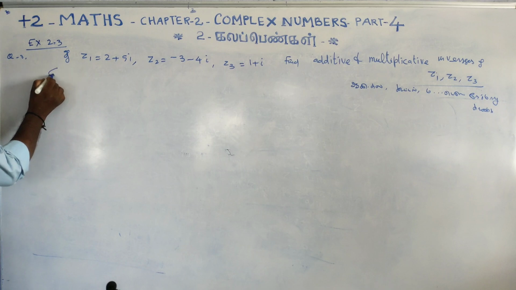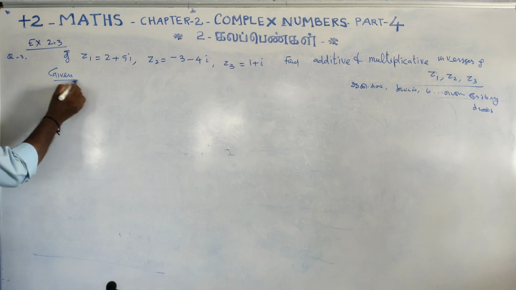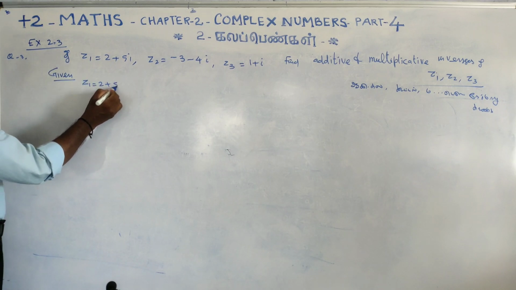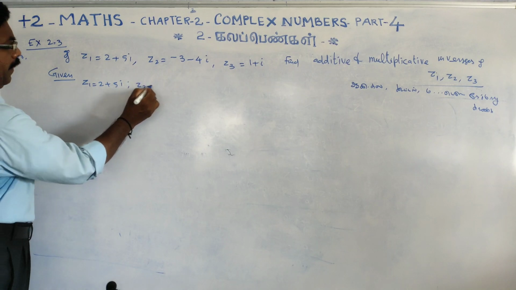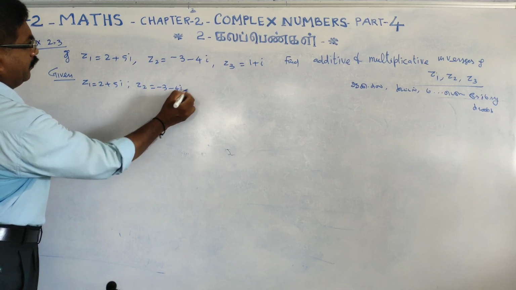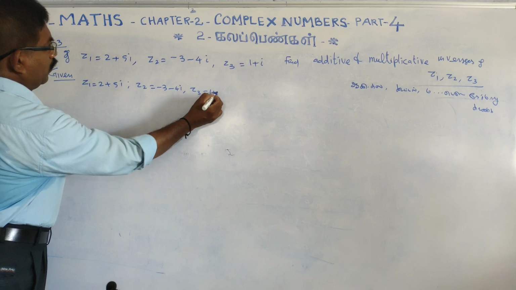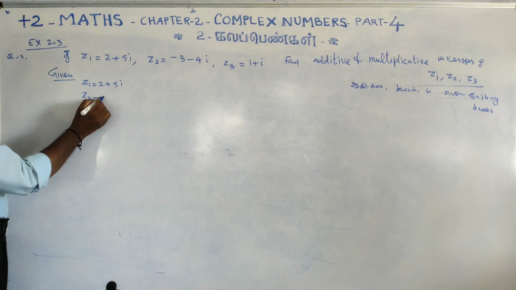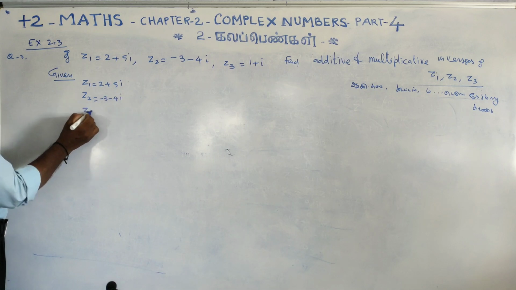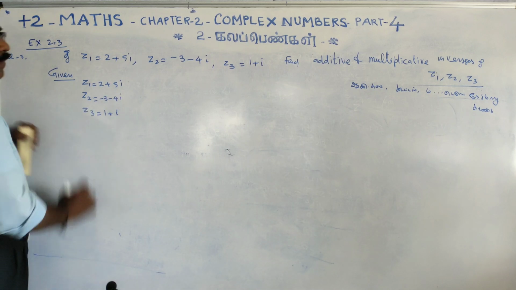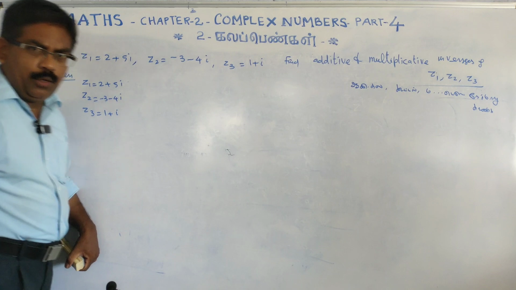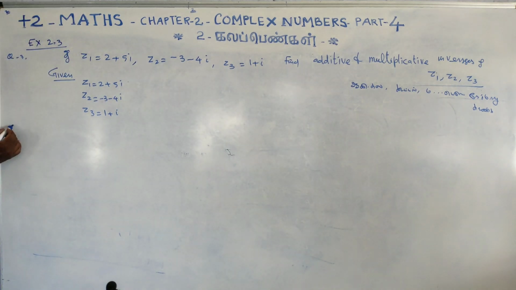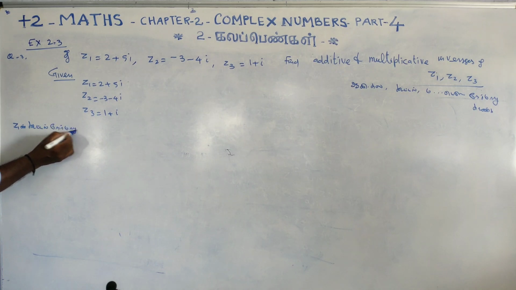Given, கொடுக்கப்பட்டது. We can write one by one. First, the additive inverse of z1, z1 இன் கூட்டல் நேர்மாறு.